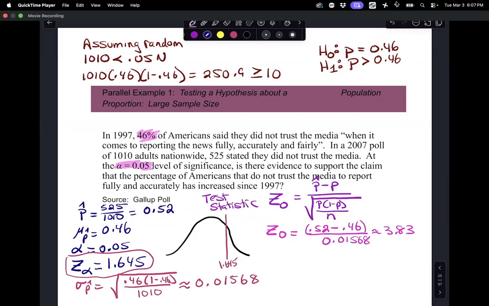My test statistic, which is based on my data, puts me way out here, 3.83. My test statistic is outside of this, which is my confidence interval. My test statistic puts me in that critical region outside of the confidence interval. Therefore, I'm going to reject the null hypothesis.